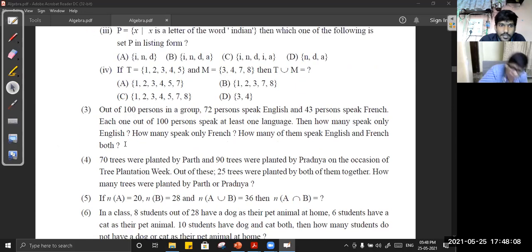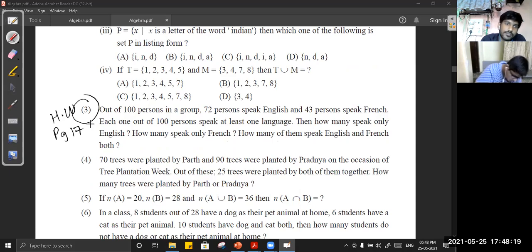Page number 17. Write the page number also. Even the fourth one, I want you to do.